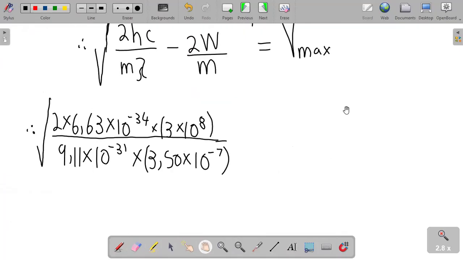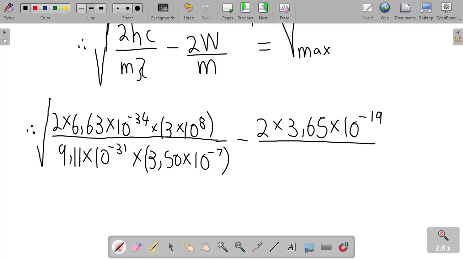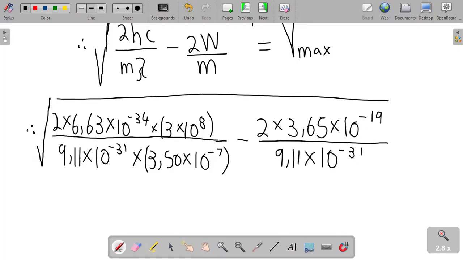Yes, and then minus 2, then multiplied by 3.65, and then 10 negative 19, then divided by 9.11 multiplied by 10, and then negative 31. And then this is equal to Vmax.